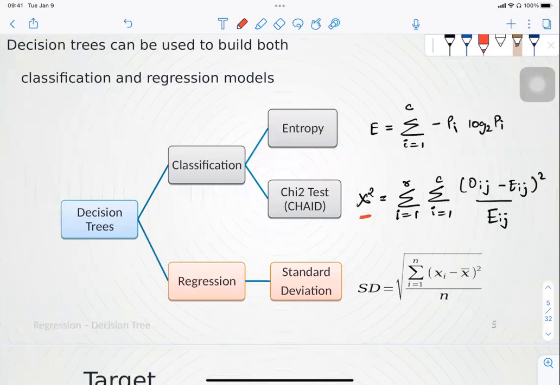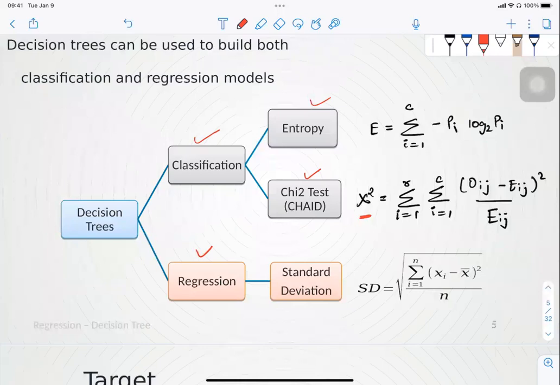So let's move ahead and understand the decision trees used in different models. Decision trees, as you all know, are used in classification and regression models. In the classification model, we further find the entropy, and we do the chi-square test. I'll give you a brief on what entropy and the chi-square test are. Entropy measures the expected amount of information conveyed by identifying the outcome of a random trial.